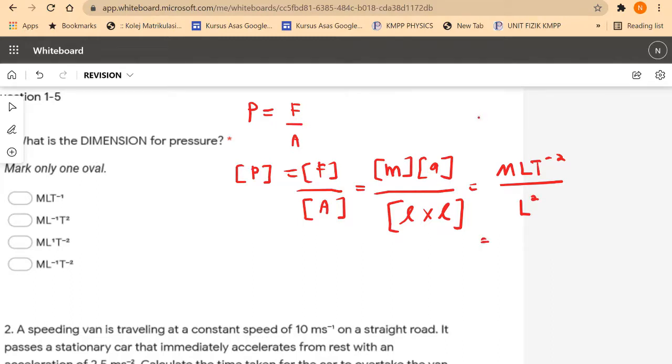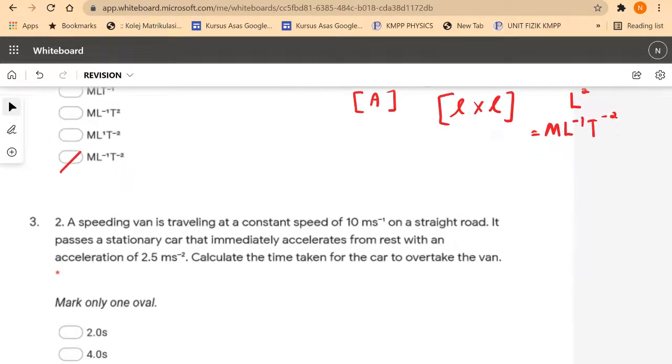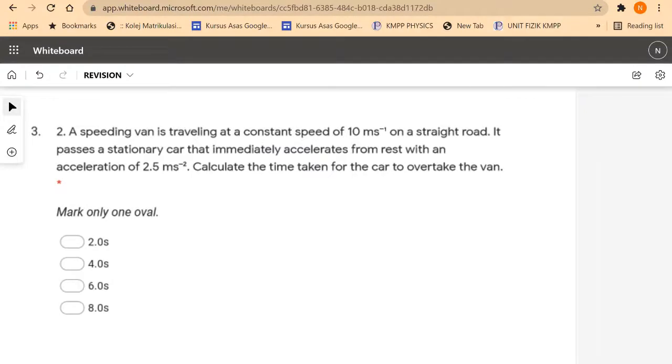So simplify this one. You're going to have M L negative 1 per T squared. So the answer is D. Okay, number 1 is D.